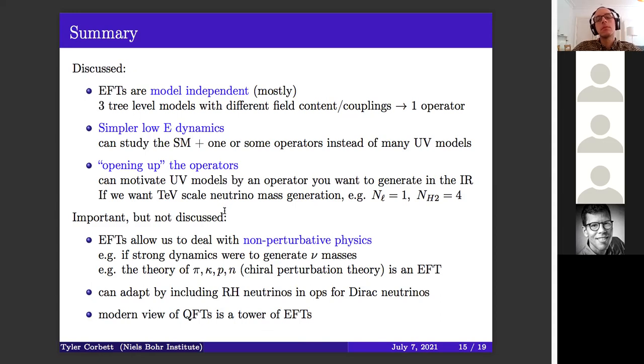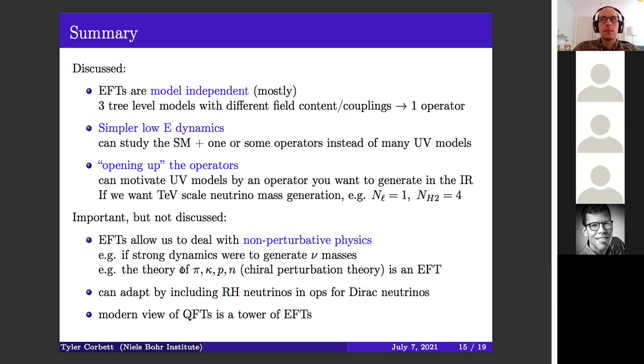Some important things that I haven't discussed so far are that effective field theories also allow us to deal with non-perturbative physics. If strong dynamics generated neutrino masses, it would look to us, working from a perturbative Lagrangian point of view, like the Weinberg operator or some similar operator.